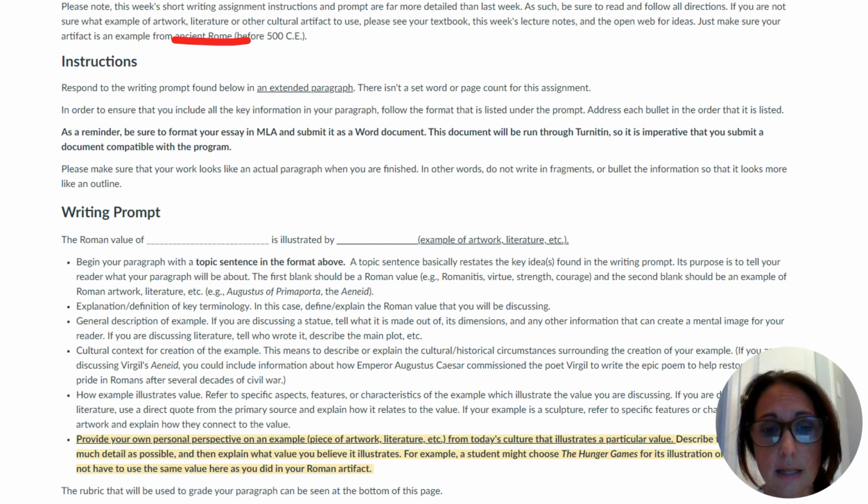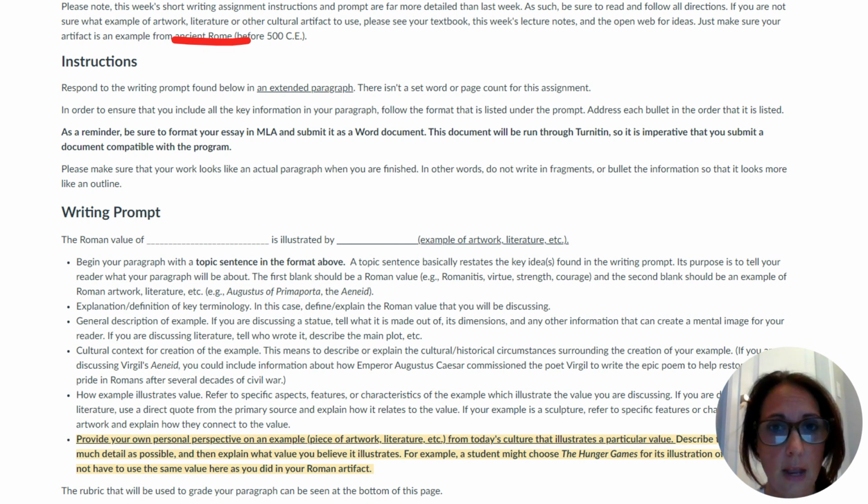This is an extended paragraph, so there isn't a set word or page count. Just make sure that you've answered each of the parts of the prompt. Also, make sure that your essay is formatted in MLA format. We do have a page in the orientation module that provides support with that.